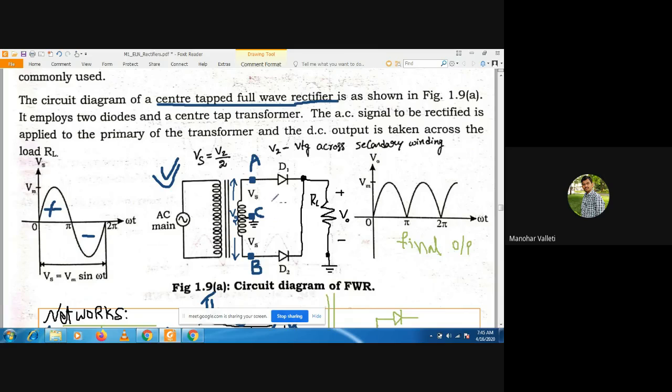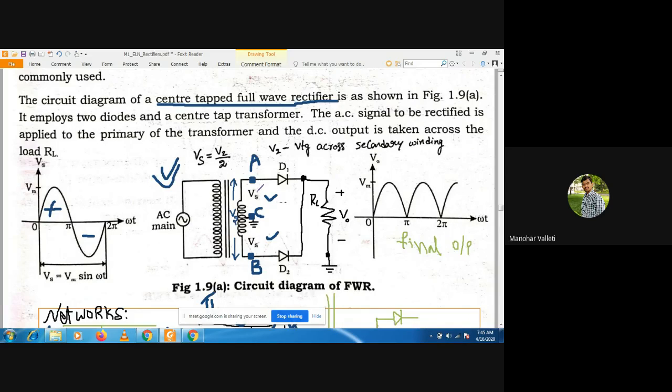You see the output of the center tap rectifier is divided equally, as shown here. V2 is the secondary voltage of the transformer.